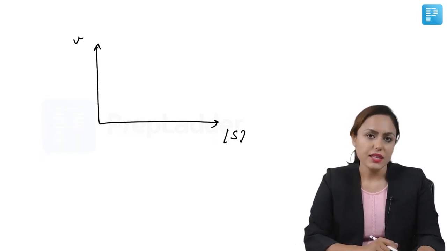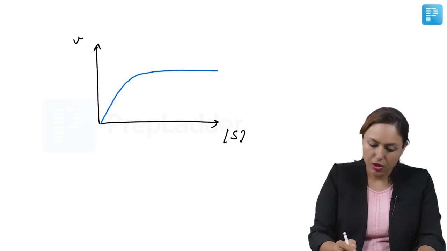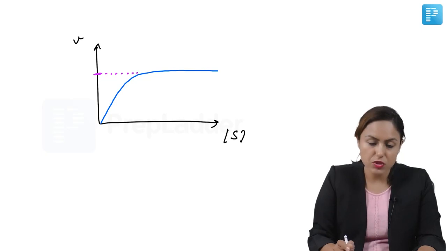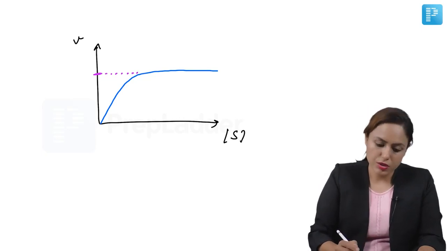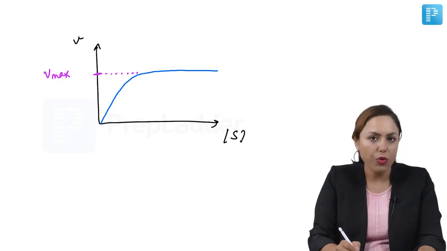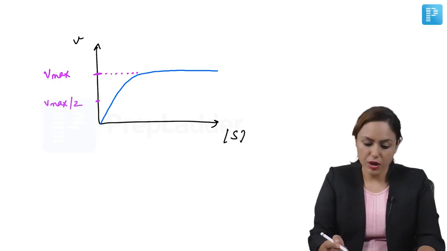Now next let's see what Km and Vmax are in the case of the rectangular hyperbola graph. So this is Vmax, right? This is the maximum velocity which is possible for this reaction. Now if we know the point which is Vmax, we can easily take a point which is half of Vmax, Vmax by 2, right?